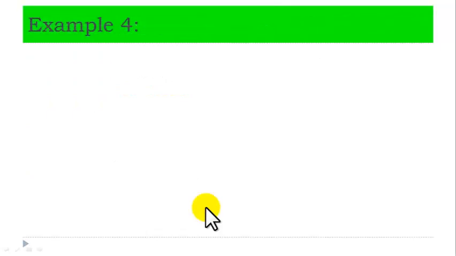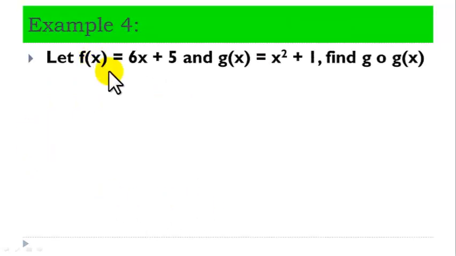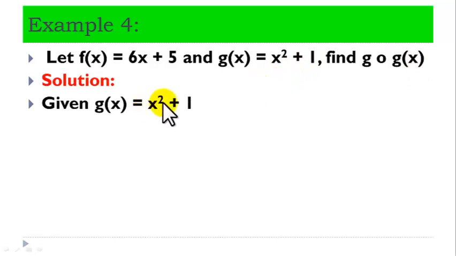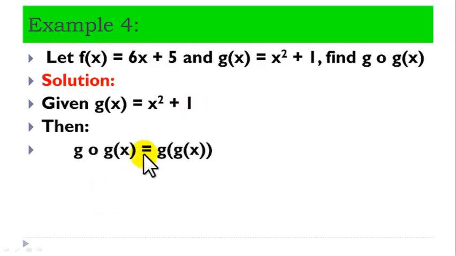Example 4. Let f of x equal 6x plus 5 and g of x equal x squared plus 1. Find g∘g of x. Solution. Given g of x equal to x squared plus 1, then g∘g of x is equal to g of g of x.